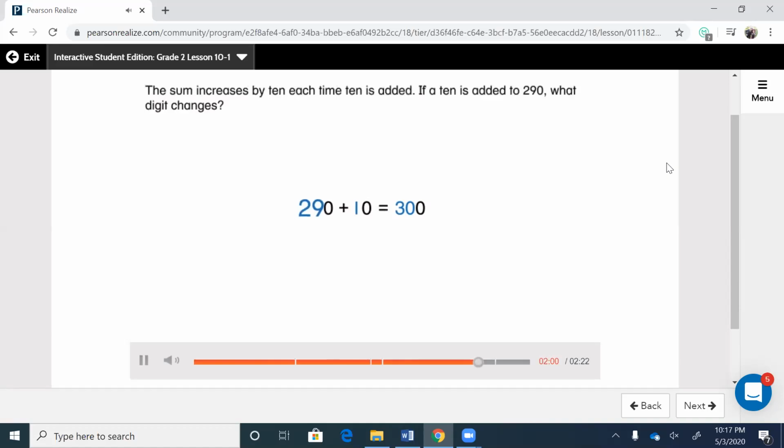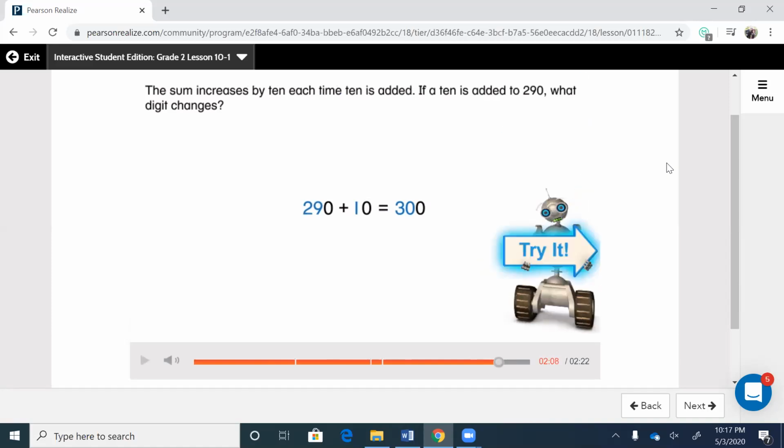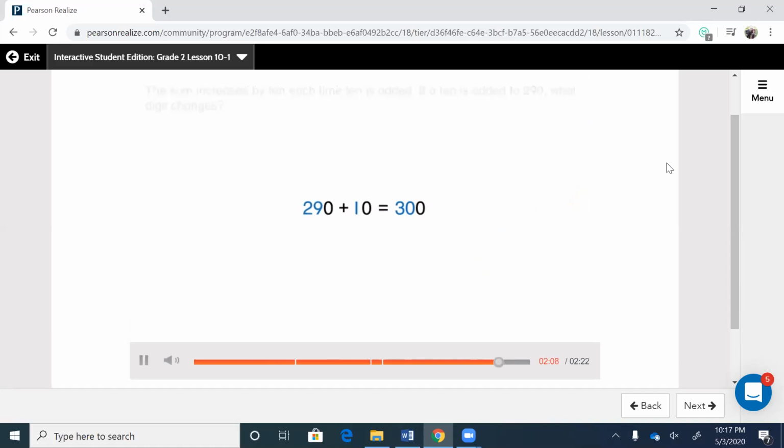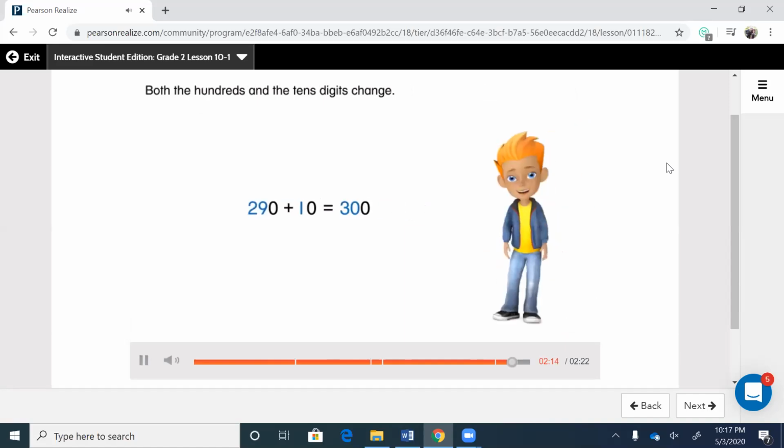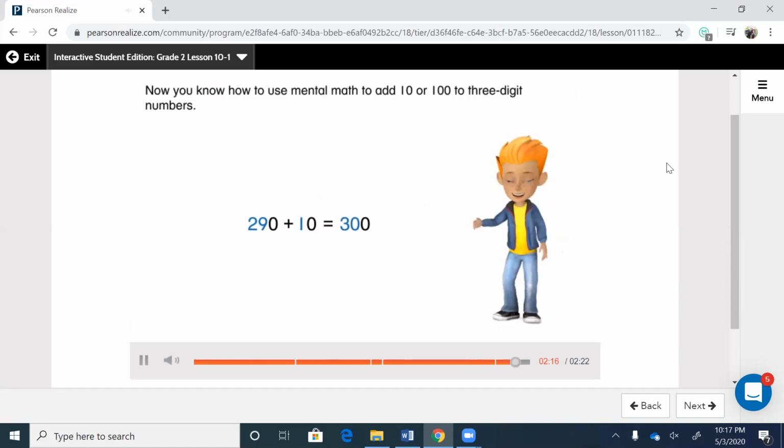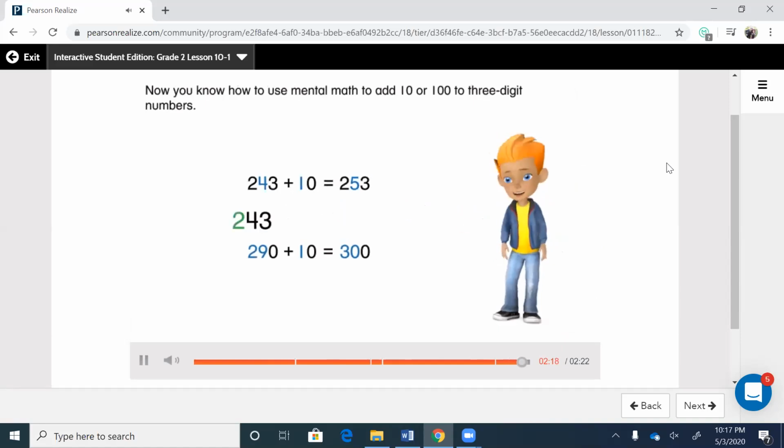The sum increases by 10 each time 10 is added. If a 10 is added to 290, what digit changes? Both the hundreds and the tens digits change. Now you know how to use mental math to add 10 or 100 to 3-digit numbers.